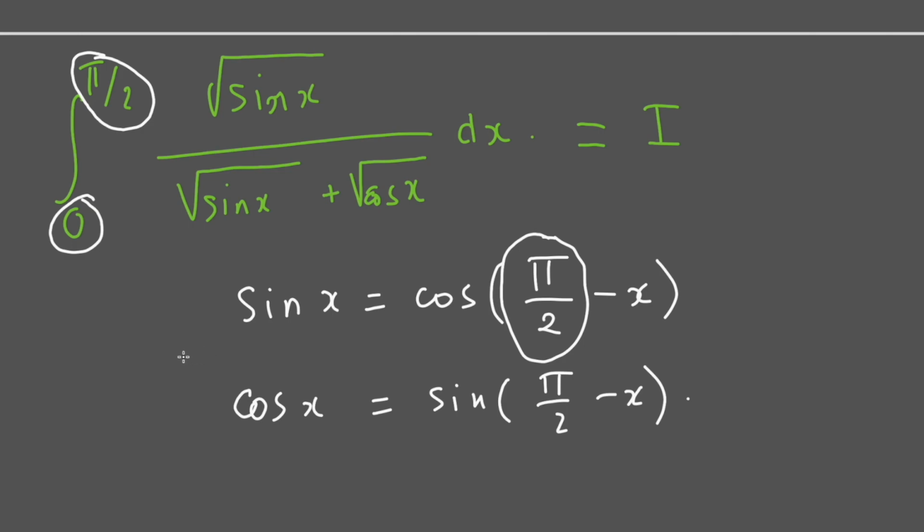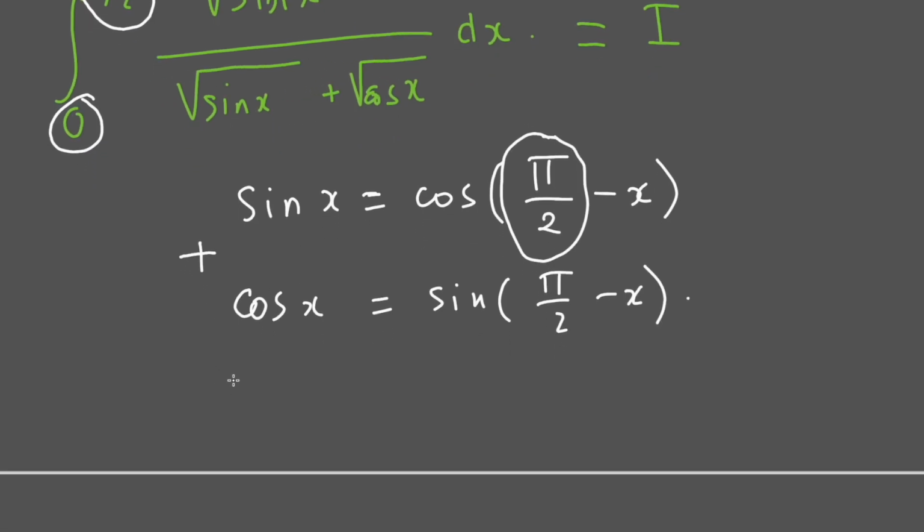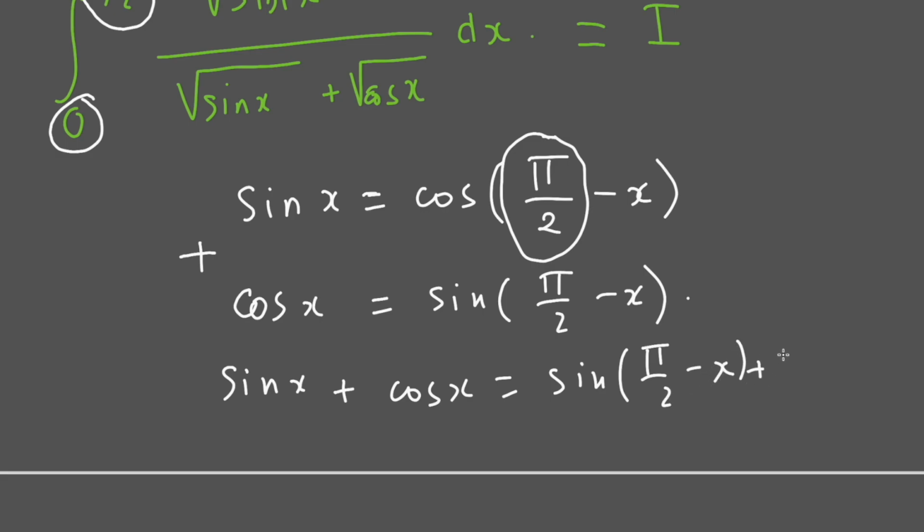So we sum the equation here. Then we have sine x plus cosine x equal to sine of pi over 2 minus x plus cosine of pi over 2 minus x.